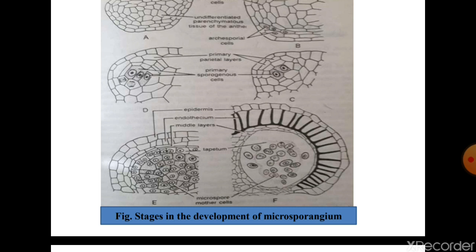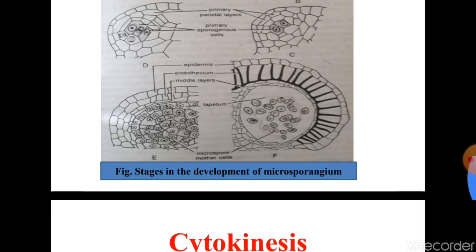And primary sporogenous cells, they divide again to form secondary sporogenous cells. These secondary sporogenous cells, they may divide in certain cases or they behave as microspore mother cells. Now these microspore mother cells which are diploid, they divide by meiotic division and produce haploid microspores.